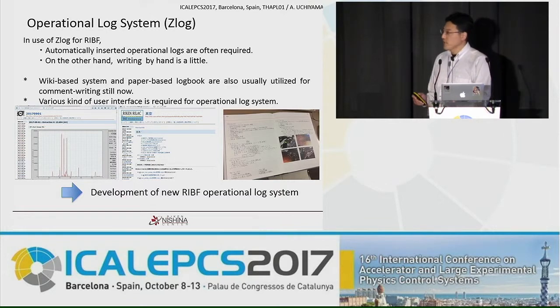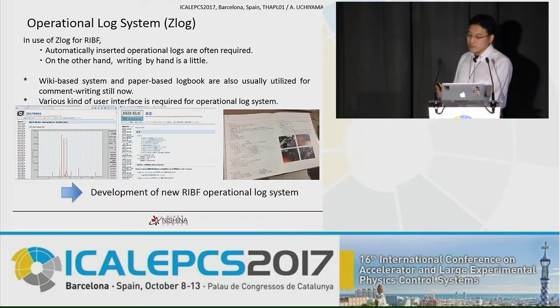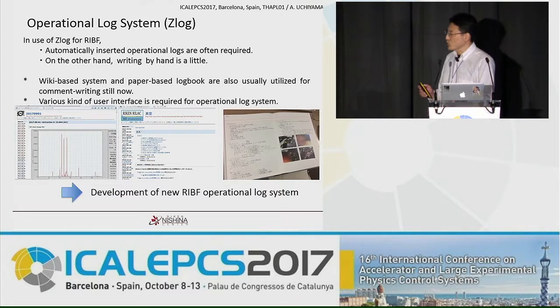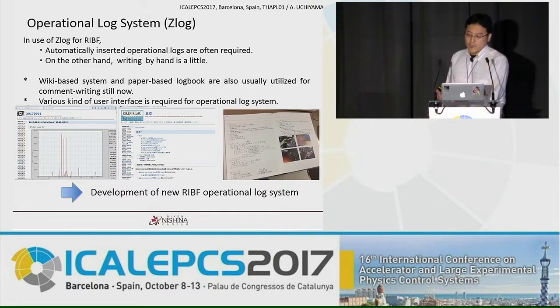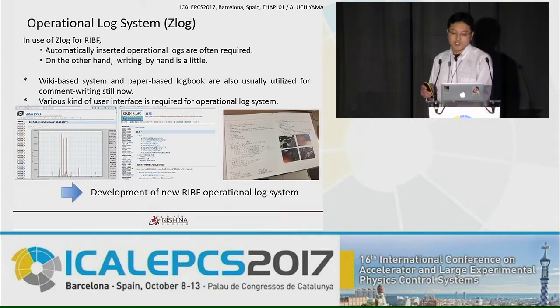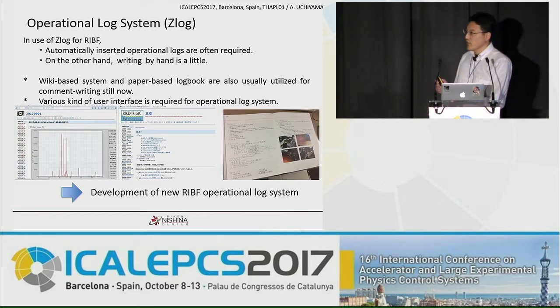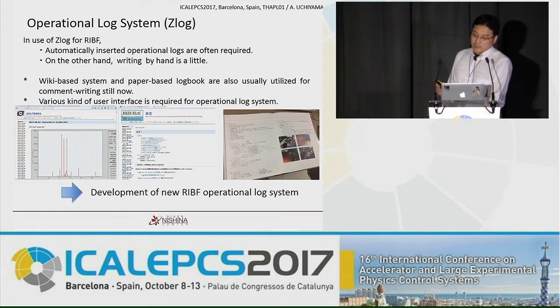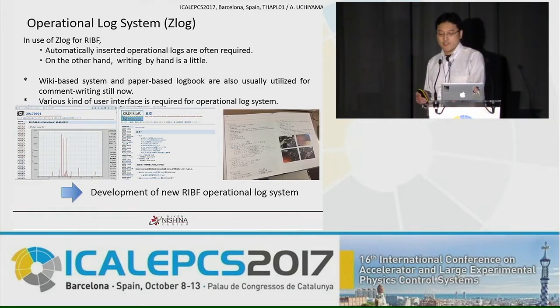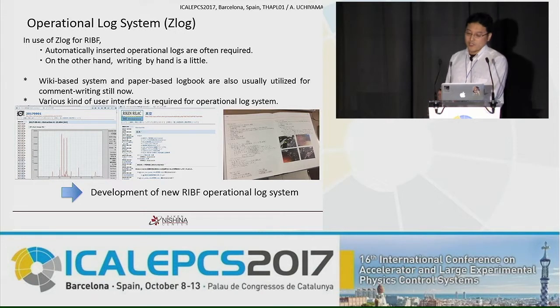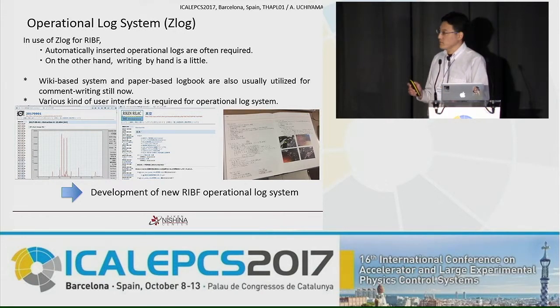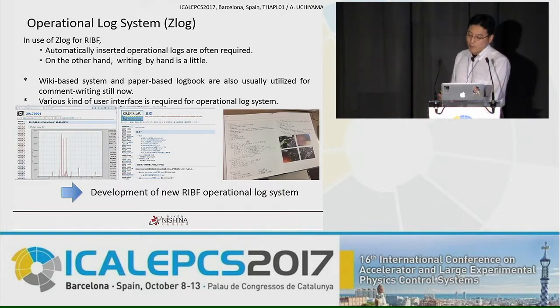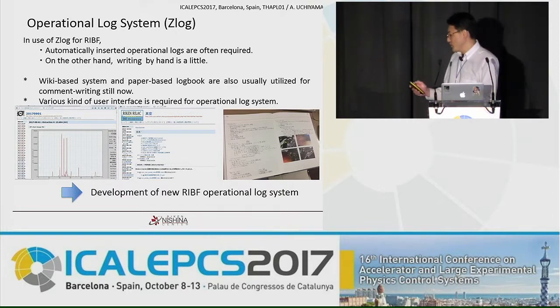On the other hand, there are few input comments because we have other log systems. For example, a wiki-based system and paper-based logbook are also usually utilized for comment writing still now. So, various kinds of user interface are required for operational log system. So, we developed new RIBF operational log system.